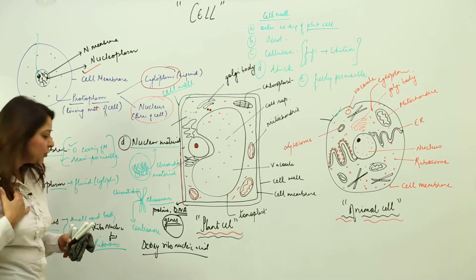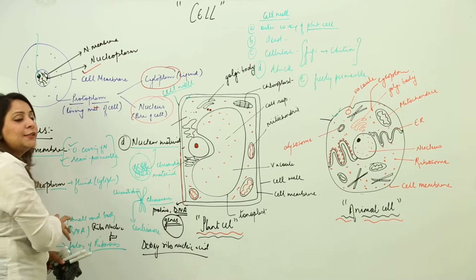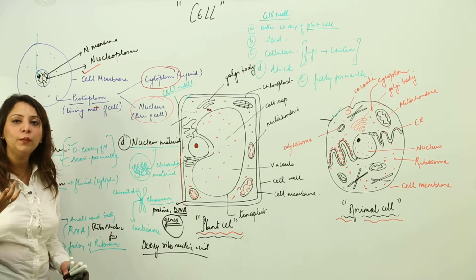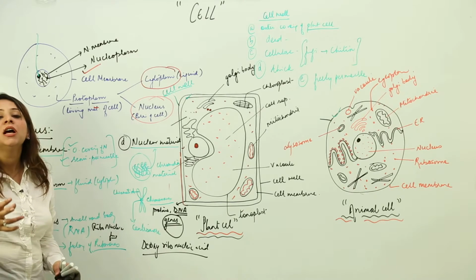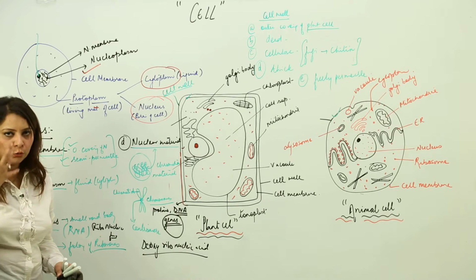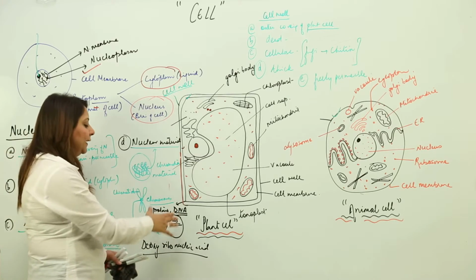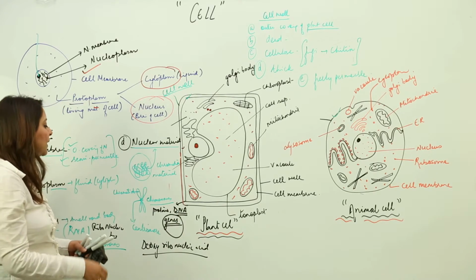As far as our species is concerned, our main genetic material is DNA. Nucleolus is a small body which carries its own genetic material, and that genetic material functions only for the nucleolus, not for our whole body. Otherwise, if somebody asks you about your genetic material, it is DNA, that is deoxyribonucleic acid.